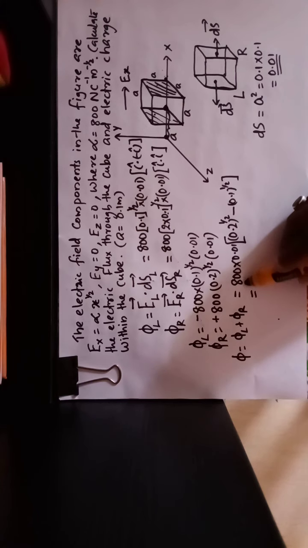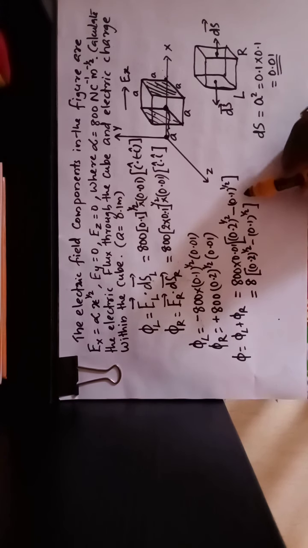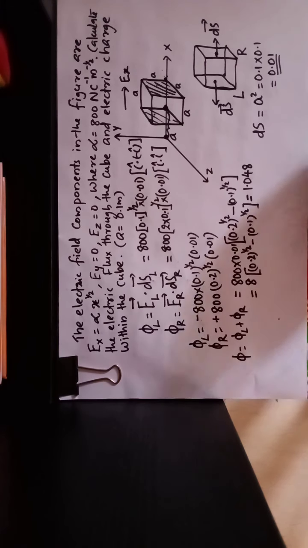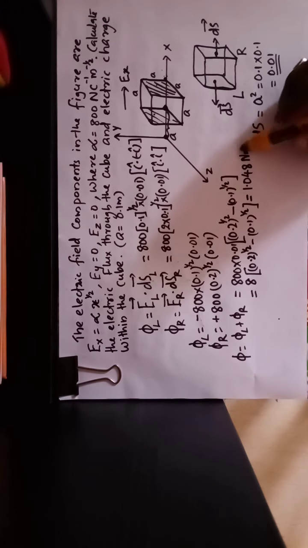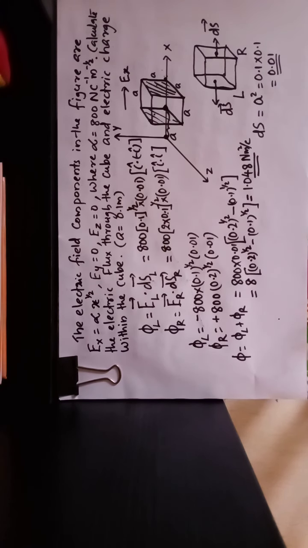So you will get 8 into (0.2 raised to 1 by 2 minus 0.1 raised to 1 by 2). The resulting value, when you take the square root, will be 1.048. This is the actual value when you calculate. Newton meter square by Coulomb is the unit for electric flux. This is the total flux.